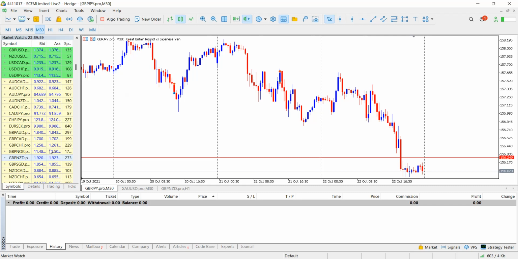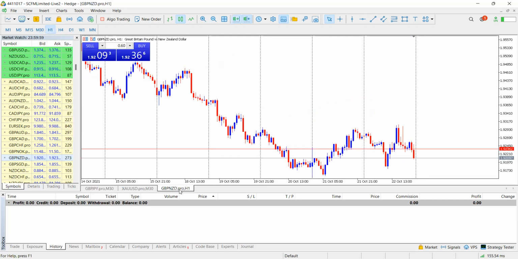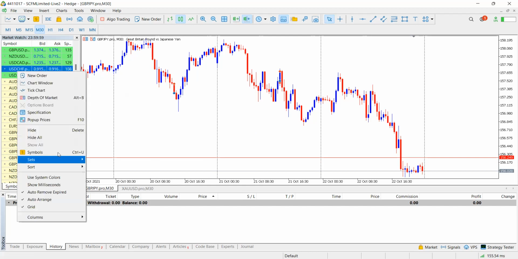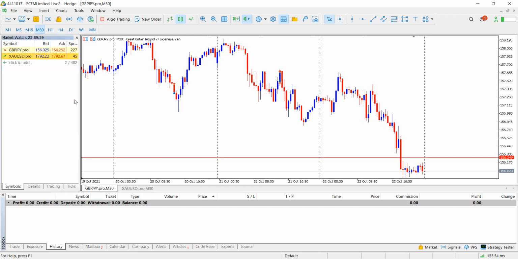Sasa from hapo ndio nimekuwa nikitrade GBP JPY na venye nimezoea it move, so ina move haraka, so nikaanza kutrade hata gold. So hivyo ndio nilienda kutrade na hizo mbili, na tena unaambiwa you just take one to two pairs itakulipa kama unataka poa. So that's hiyo ndio imekuwa history yangu ya hizo pairs mbili.